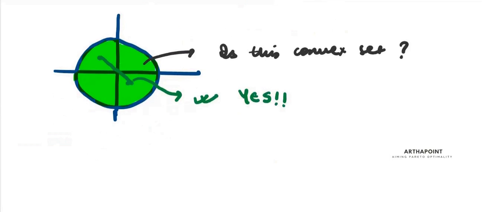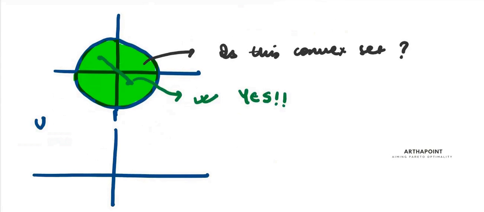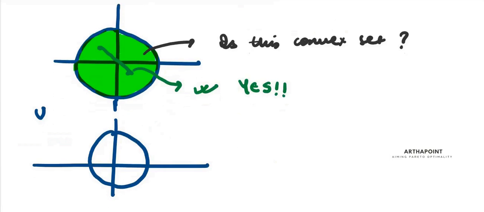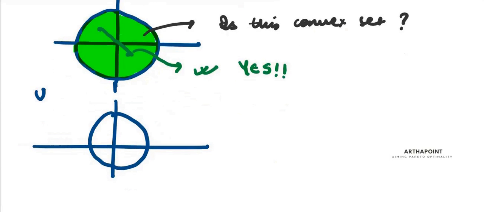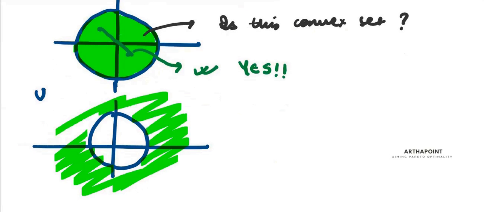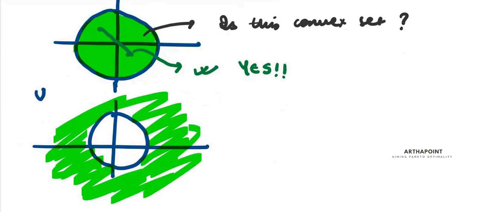But now, suppose I tell you that, you know what, this is a complete universe. I draw a circle in it, and now I am shading everything except the circle. So except circle, everything is shaded. This is your set. And I ask you, is this convex set?